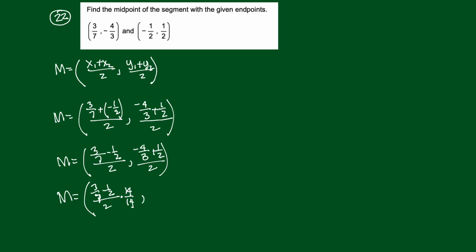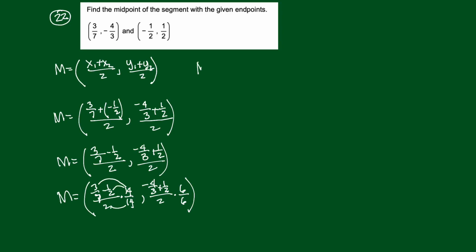The smallest number that 3 and 2 divide into is 6. So I'm going to have negative 4 over 3 plus 1 over 2, all over 2, times 1. If I just multiply by 1, I'm not changing the value. But the 1 that I'm going to use is 6 over 6. Now, look what happens. I'm going to multiply here. So I multiply, and I multiply, and I multiply.